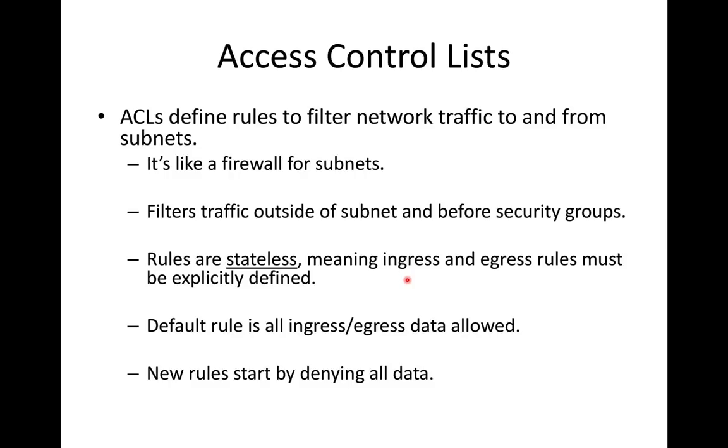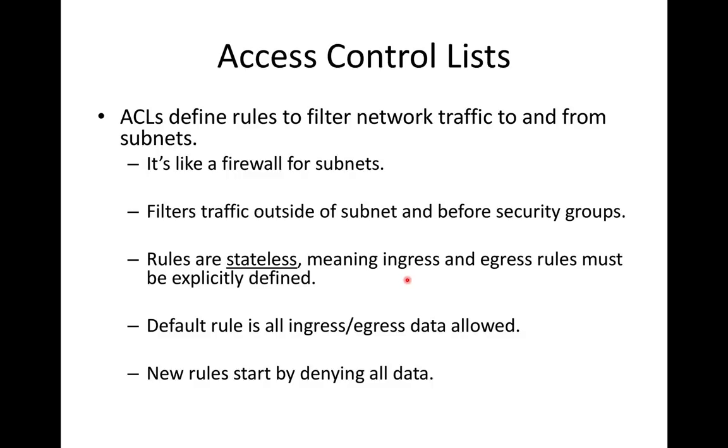Now, by default, every subnet that you create has a default access control list rule, which allows all ingress and egress data. Essentially, there's really no access control list in place at all, because there's no filtering in place at all, because all traffic is allowed.